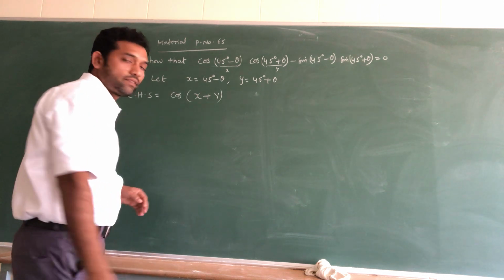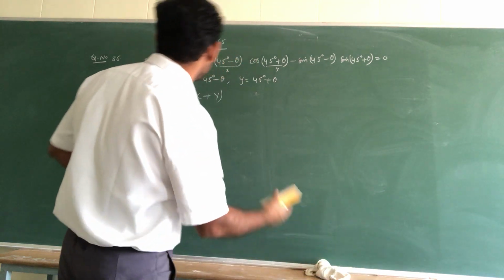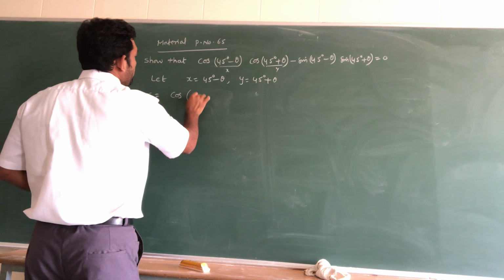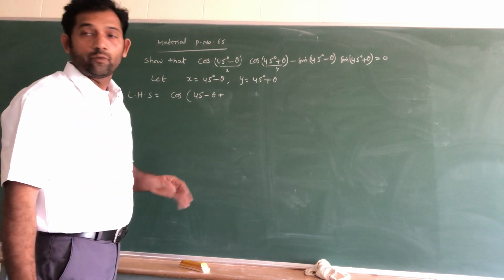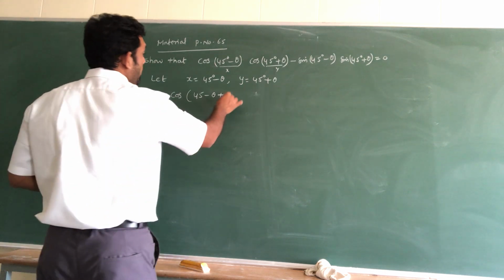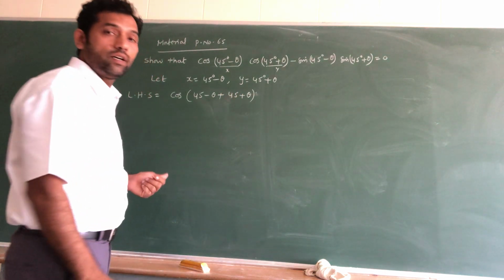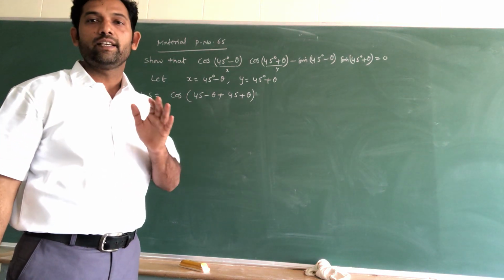So x is equal to what here? 45 minus theta, and y is 45 plus theta. 45 minus theta is x, 45 plus theta is y.